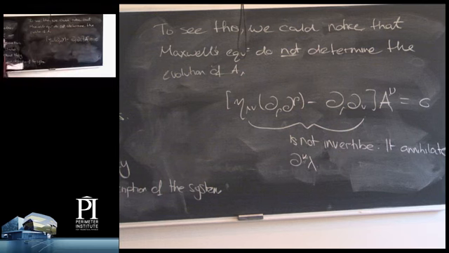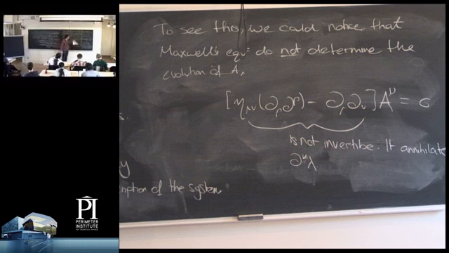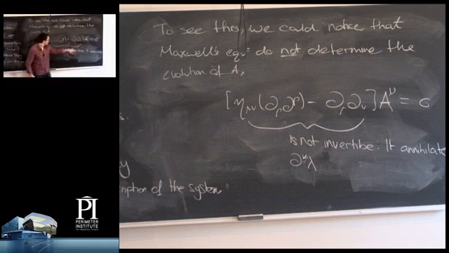Okay, so these are Maxwell's equations written in terms of A. This is the second order differential equation that you get. This is just d mu F mu nu equals 0. But this operator is not invertible. In particular, if you put anything on the right-hand side of the form d derivative of some function, it's annihilated by this operator.